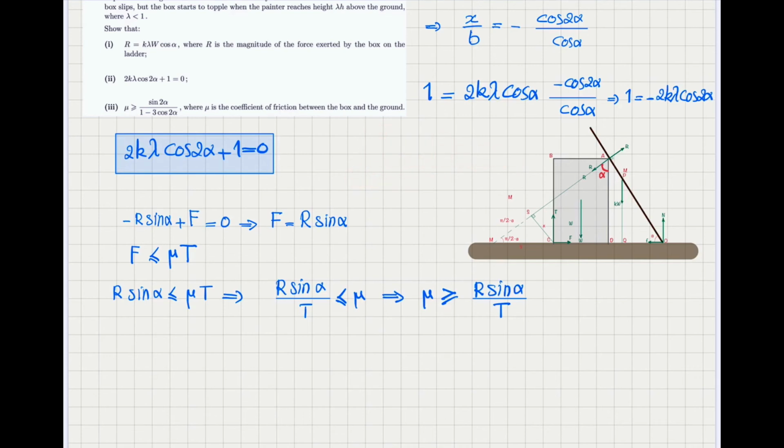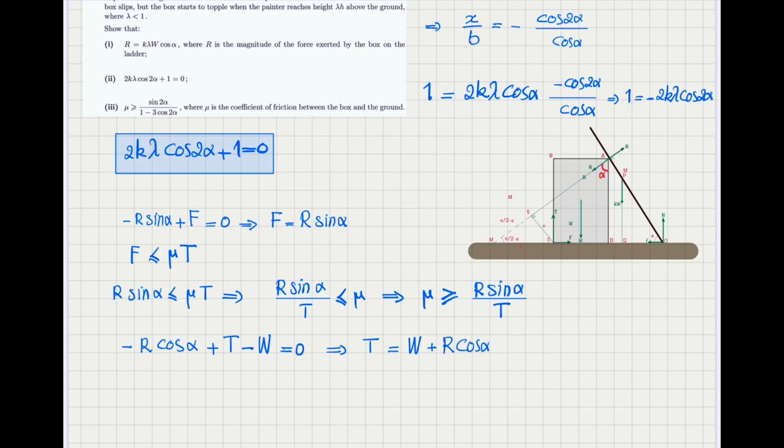So if I write in this y direction, I would write minus R cosine alpha plus T minus W is again equal to 0. So T points upward, W and R cosine alpha are pointing downwards. Okay, so what I can get from here is that T is equal to W plus R cosine alpha.